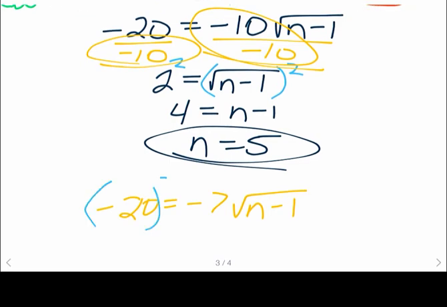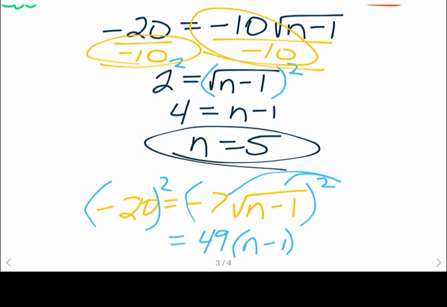In this case, squaring both sides would mean that on the right-hand side, I'm going to square the 7 and then square the square root of n minus 1. So I'd have 49 times the quantity n minus 1. On the left-hand side, I would have 4, and we would just keep going. Since that's not what we're looking at, we don't have to take that to completion.